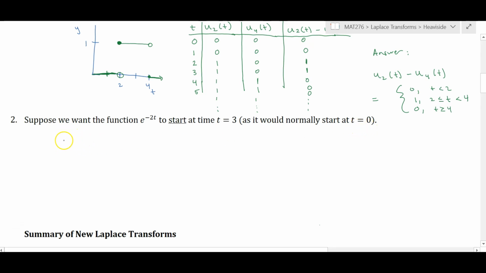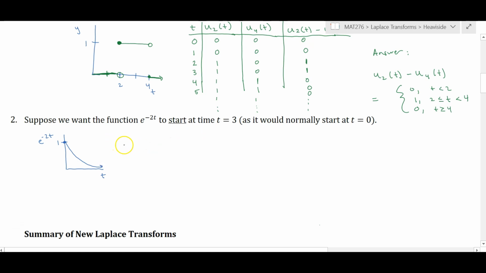So for a moment, let's consider what we mean by this, and let's go ahead and plot e to the negative 2t. When t is 0, e to the 0 is going to give us an output of 1. And then as time increases, this thing rapidly decays down to 0 like this.